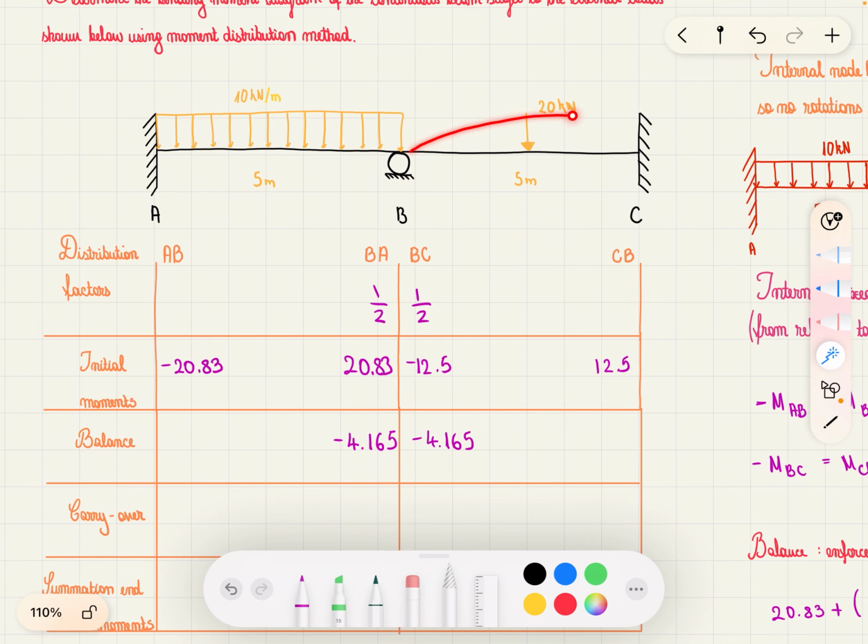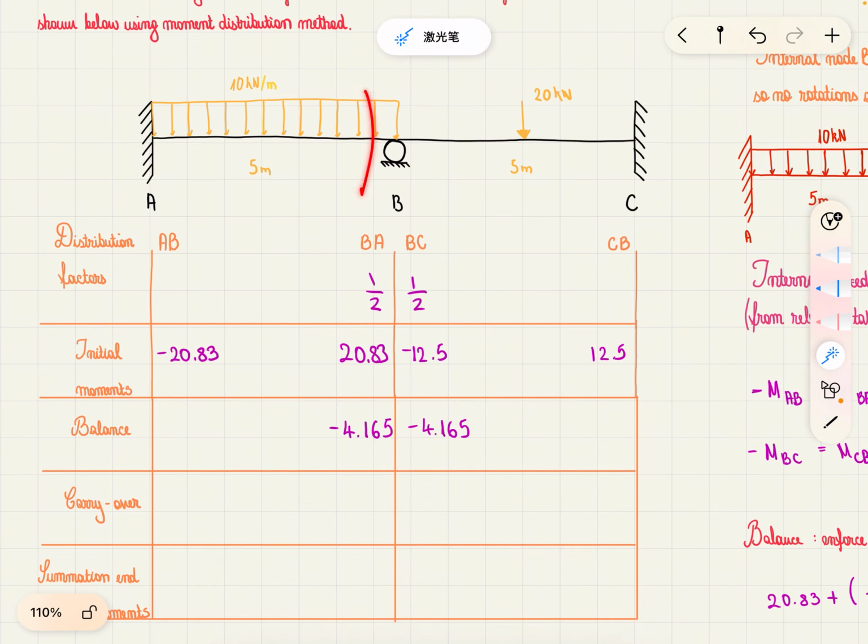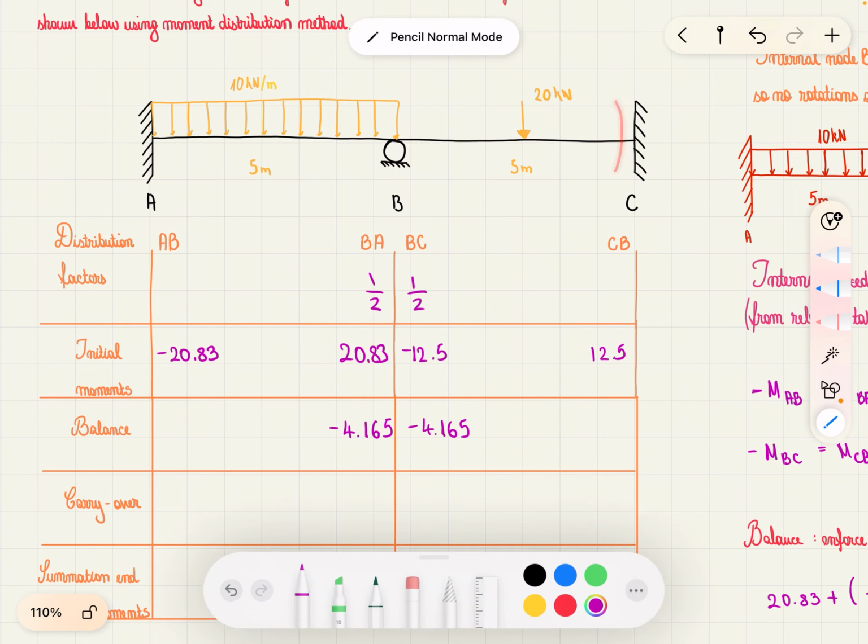And the same sort of story goes for this one. So half of the moment here from BA is carried over to AB, and half of the moment from BC is carried over to moment CB, because they are fixed ends.